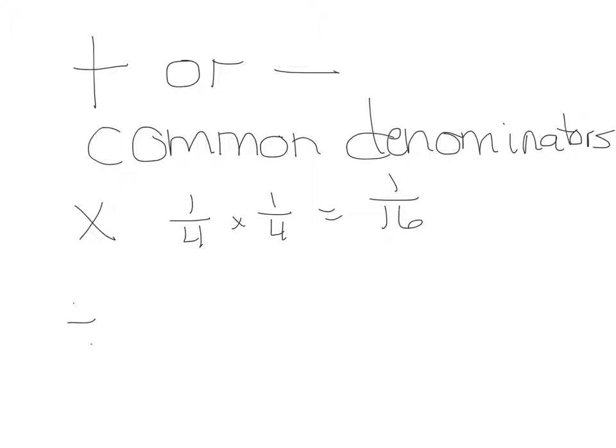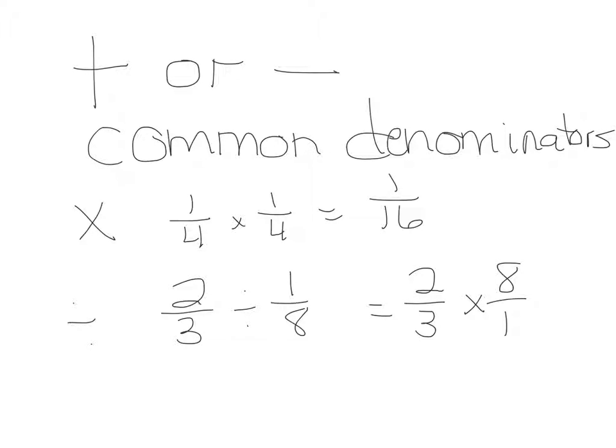Dividing, remember to multiply by the reciprocal. So if I had 2/3 divided by 1/8, I would say that this is 2/3 times 8/1. So the reciprocal is the opposite of this fraction. It's what can I multiply that by to get to 1. So please remember those important things about fraction operations.